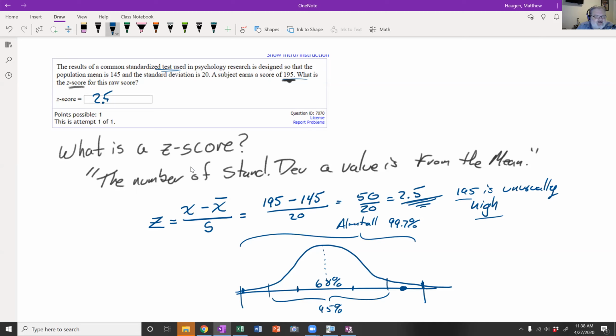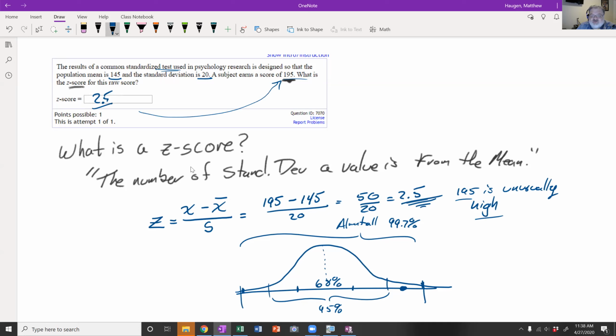Questions about it? Any of that? You could get a question like this back that's reversed, by the way. You could be told your mean and your standard deviation and given this 2.5 and then asked to calculate what the score was.